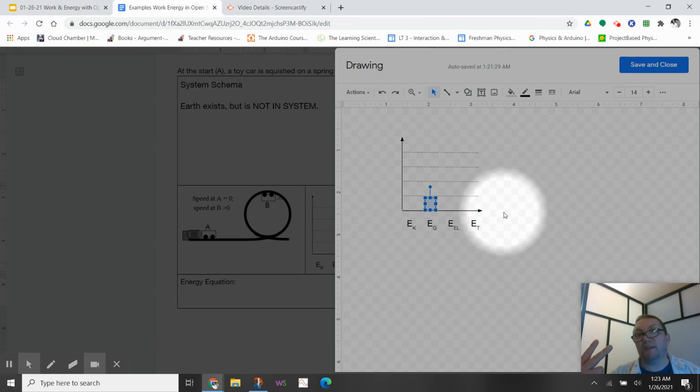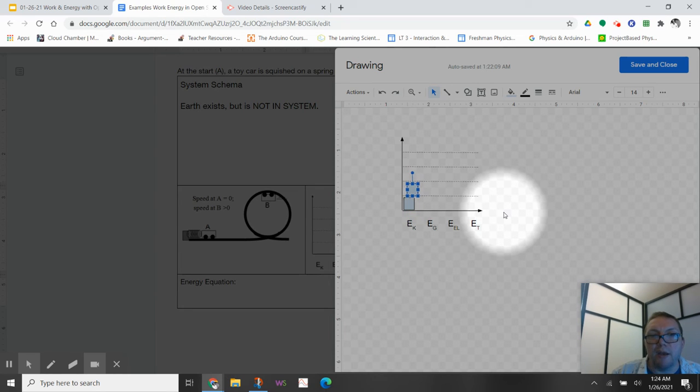But that last condition, the Earth has to be in our system because that gravitational energy exists due to an interaction between the Earth and the object. That interaction continues to exist, but both of those objects have to be in our system for that energy to be within the system. So, since the Earth is not in our system, there is no gravitational energy.